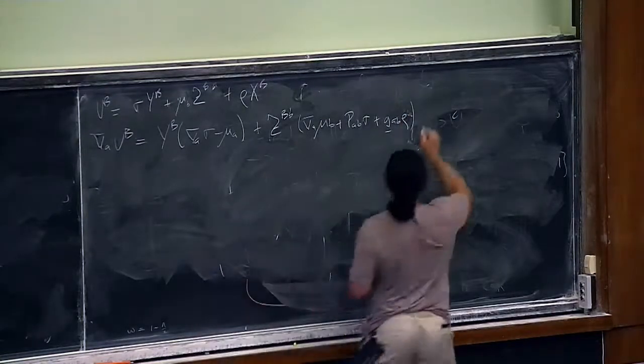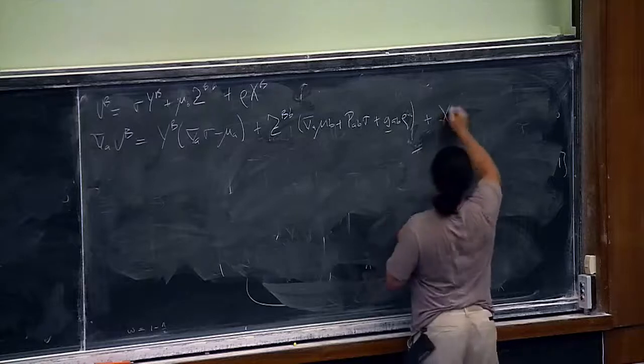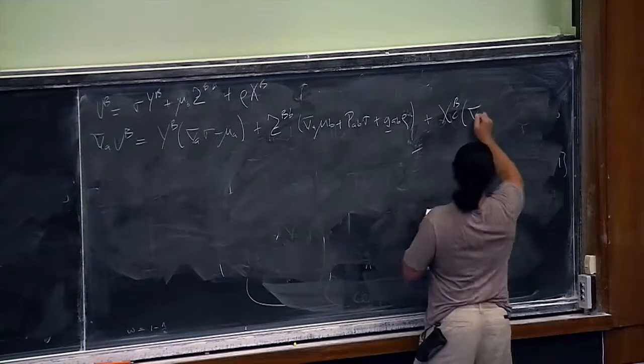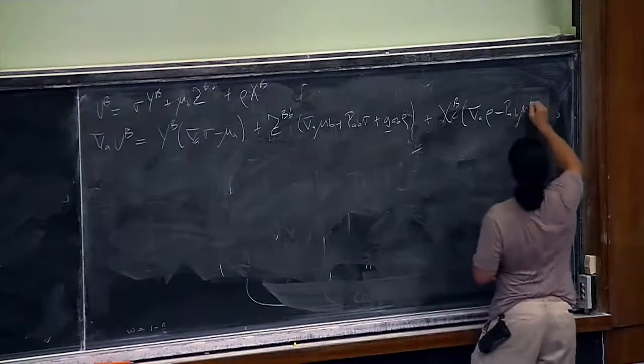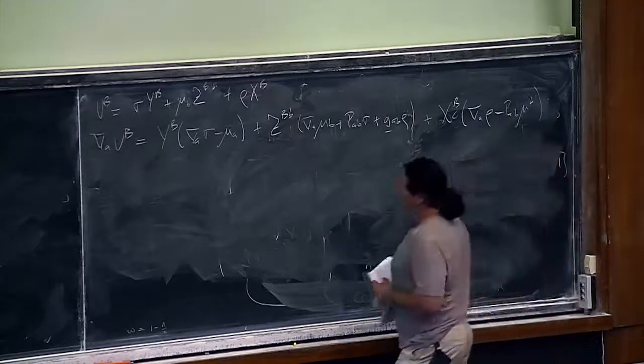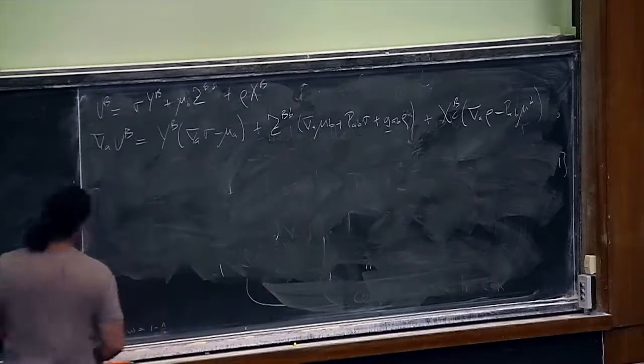Okay, and then plus X B grad A rho minus P A B mu B. Okay, so that was the formula I gave you before for the connection.